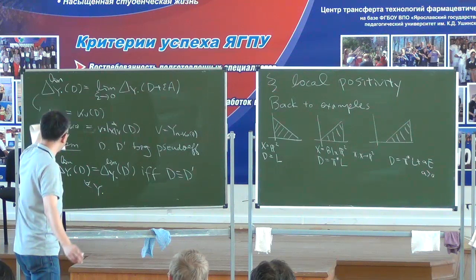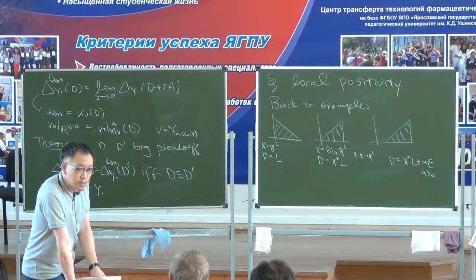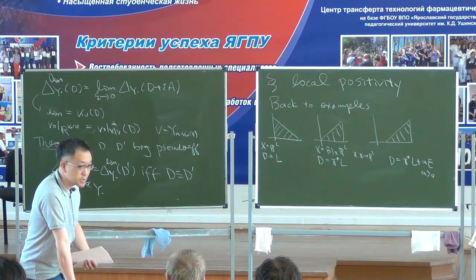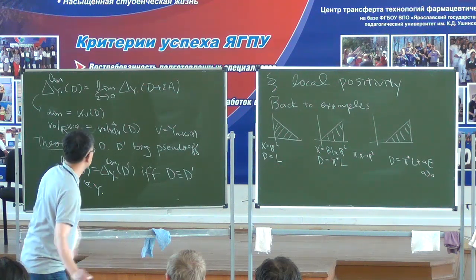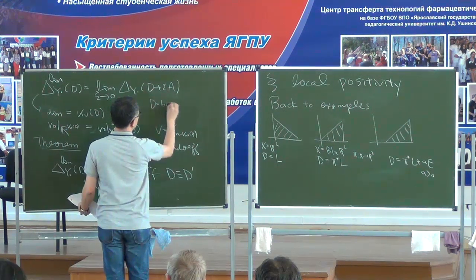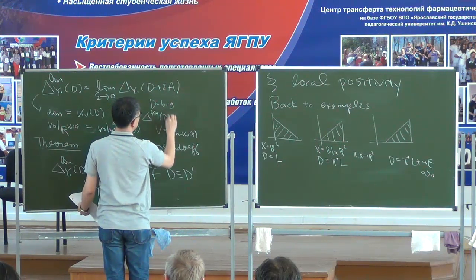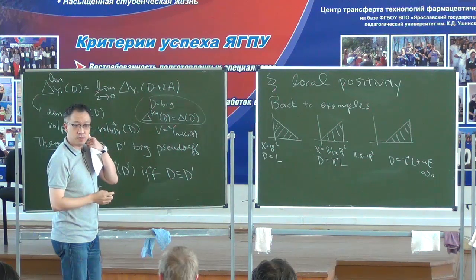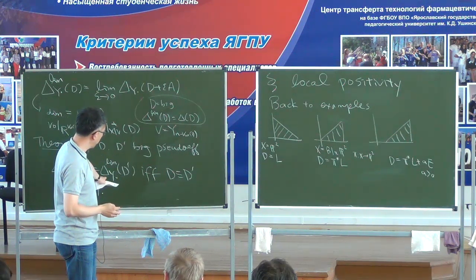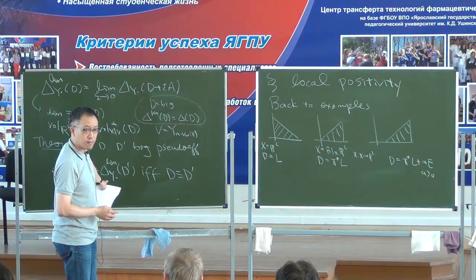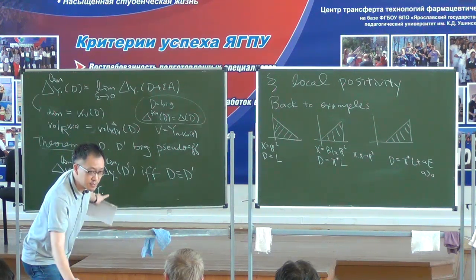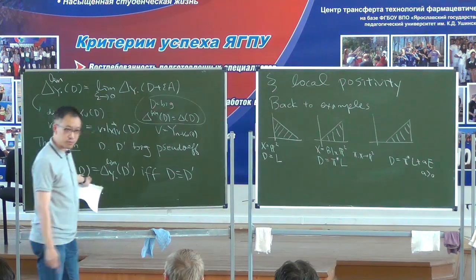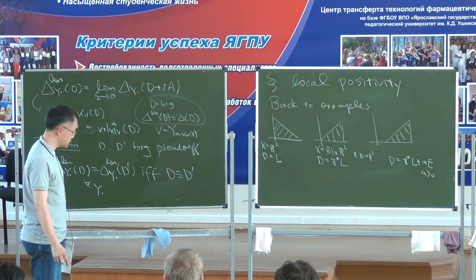In the big case, yeah. So if D is big, there is no difference. You don't need to take the limit. Particularly in the theorem, one can replace delta U by delta. In the big case, yeah, you can drop the U.